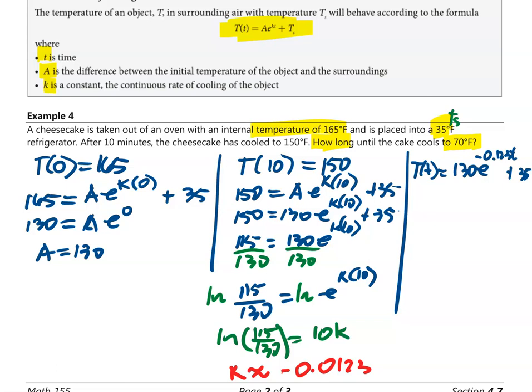Then our question is how long until the cake cools to 70 degrees Fahrenheit. So here 70 is equal to, now we're solving for t, 130 e to the power of negative 0.0123 t plus 35. Then if we subtract both sides by 35, this is 35 is equal to 130 e to the power of negative 0.0123. Sorry, missing a 0 here.